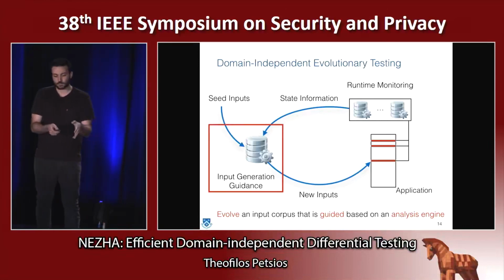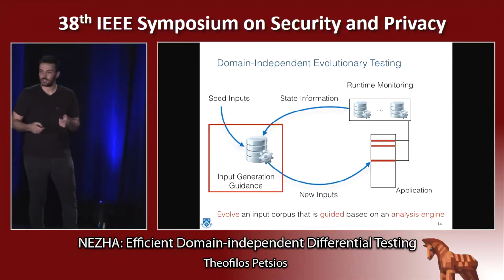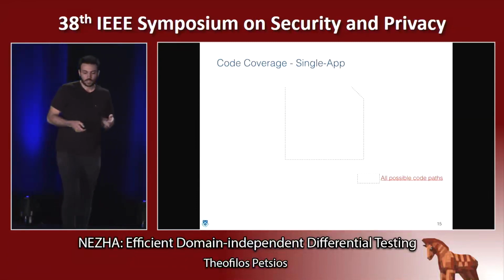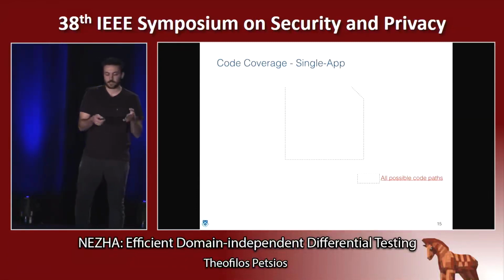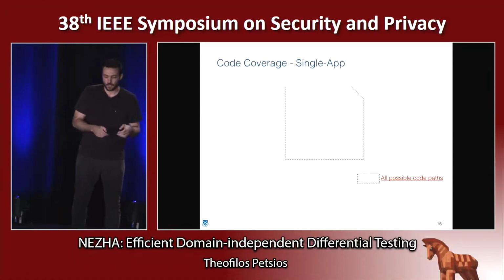So if we wanted to come up with a differential testing framework that is generic, one can say we should focus on this input generation guidance. But how does this guidance engine actually come up with interesting inputs? Let's think about a very well-known case study, which is the way code coverage is used in modern fuzzers.